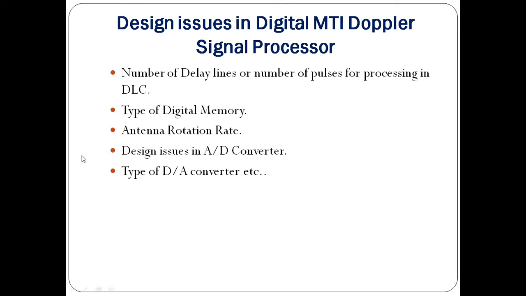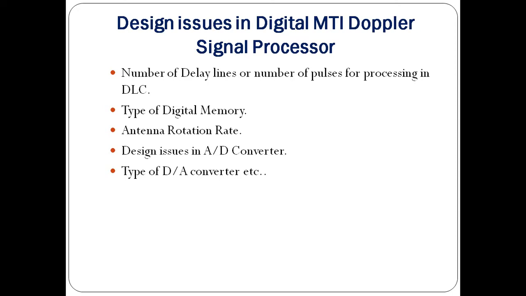Very important, as a part of the MTI processing, the selection of the A to D converter plays a very important role. So we have to clearly look at the considerations in A to D converters. What type of A to D converter you are going to consider, and the requirements for the A to D converter, matter a lot.